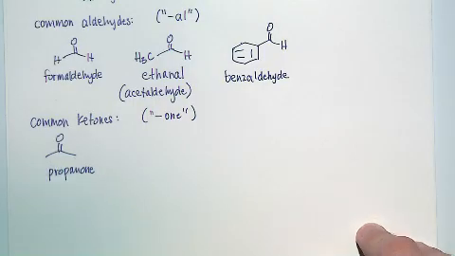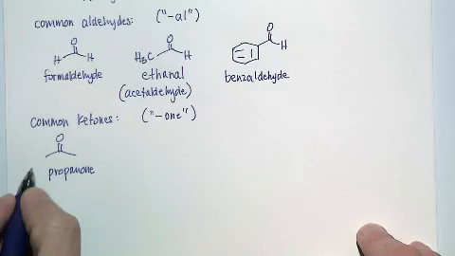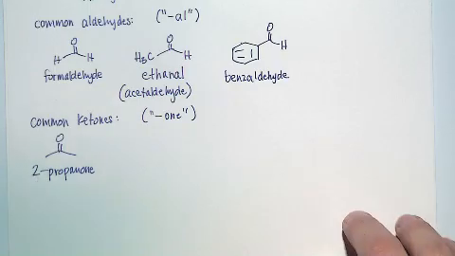So usually we would name ketones with the number of the carbon that the carbonyl is on. In this case, it doesn't really matter, so you can call it propanone or 2-propanone.